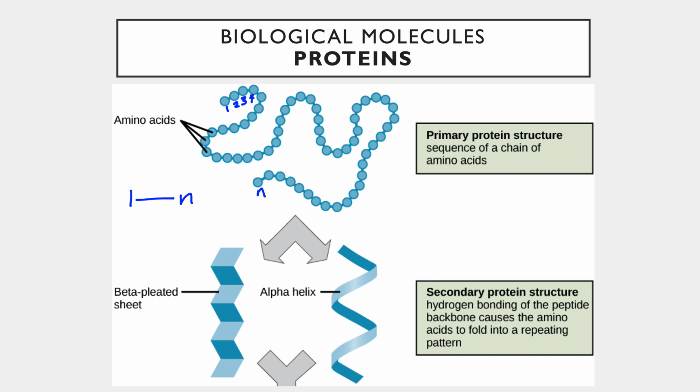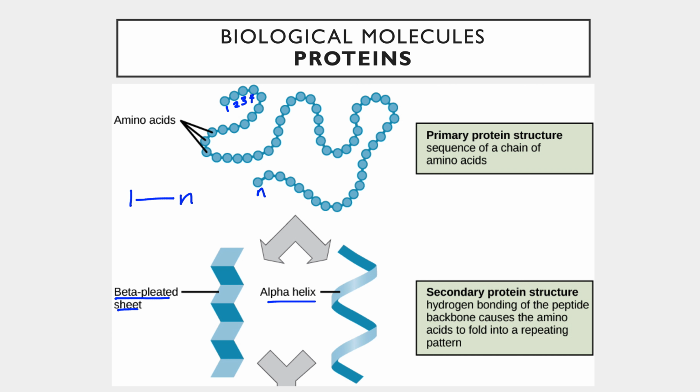Once the finished chain of amino acids is formed, secondary structures called an alpha helix or a beta pleated sheet can occur within the chain of amino acids, and these are done by using hydrogen bonding.